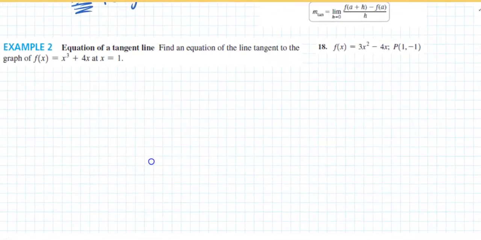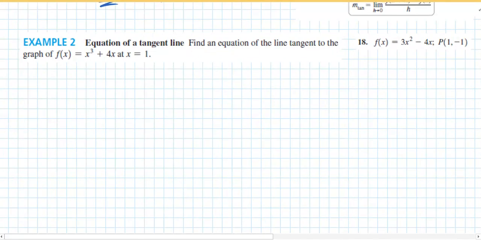What I'd like to do today is just really emphasize the ways that we can find equations for instantaneous rates of change, and we can do so a little bit more quickly.